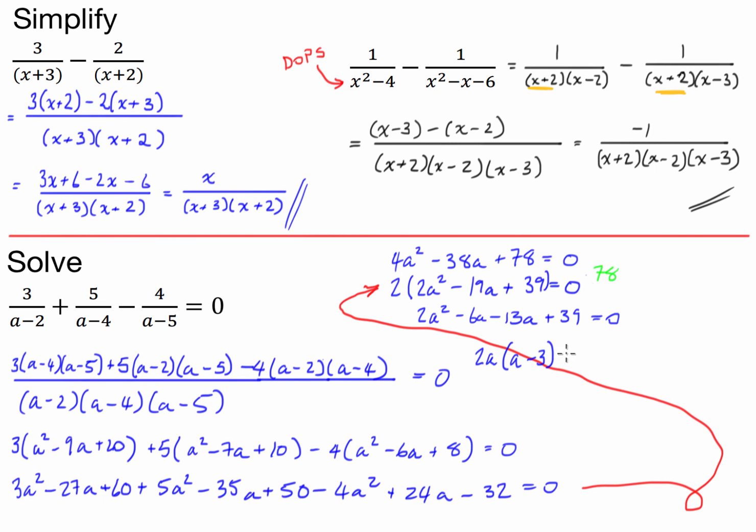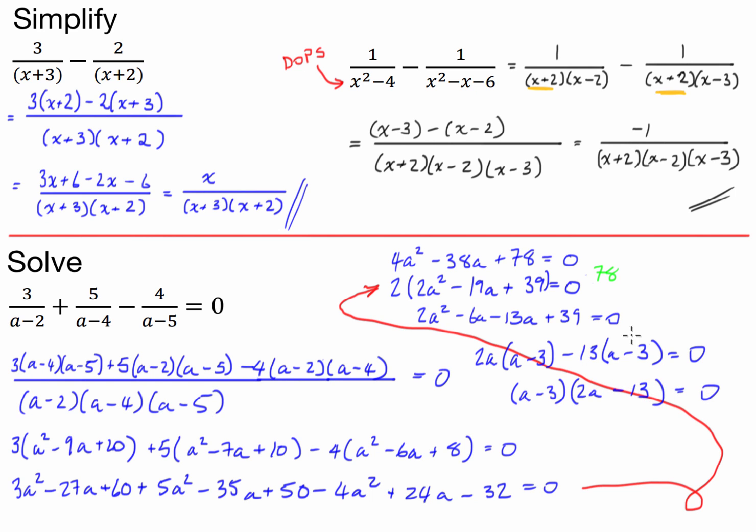Then we're going to have negative 13 outside of a minus 3 equals 0. We then are going to factorise this by a minus 3. You can see there's a common factor there. That's times by 2a and minus 13.